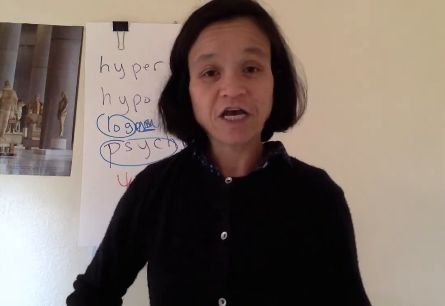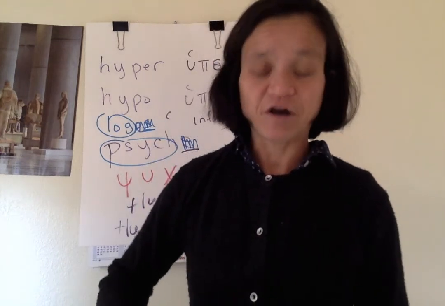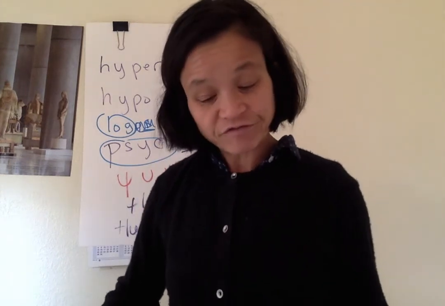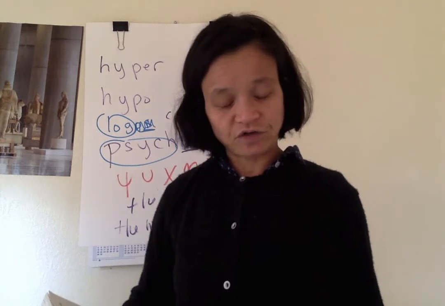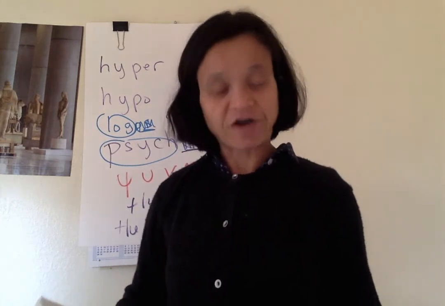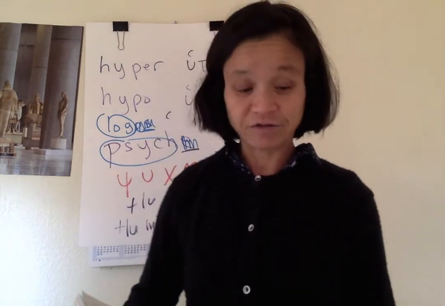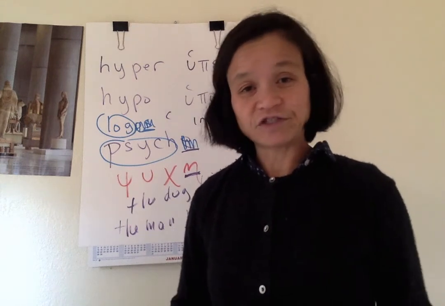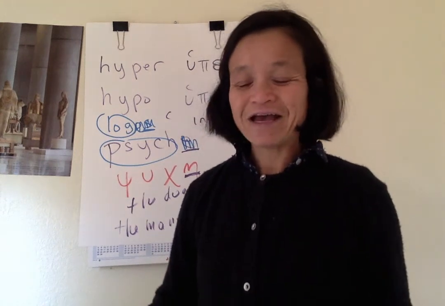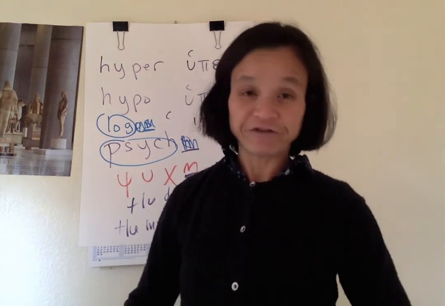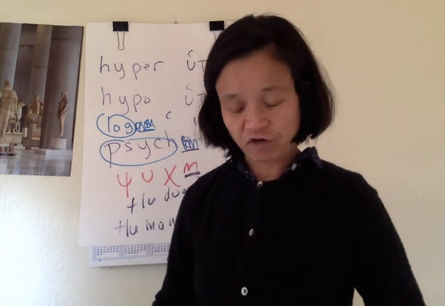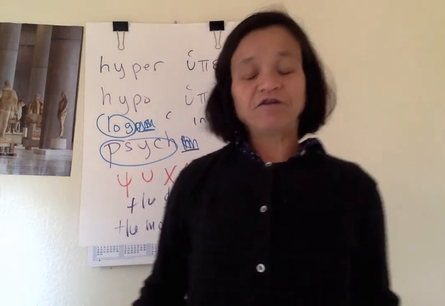Send me an email. I can post something and offer some more explanations. And the final section also asks you to figure out the definitions of a bunch of different medical terms. And all of the terms have, at least part of them, come from the lists of prefixes, suffixes, and combining forms in this book.